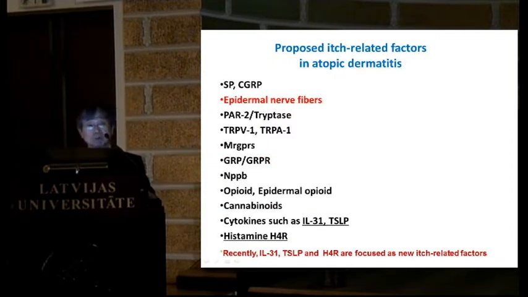Proposed itch-related factors in atopic dermatitis are substance P, CGRP, epidermal nerve fibers, the PAR2 tryptase system, TRPV, MRGPRs, GRP systems, NPPB, opioid, cannabinoid, cytokines such as IL-31, TSLP, and histamine H2 receptor. Recently, IL-31, TSLP, and H2 receptor are focused on as new itch-related factors.